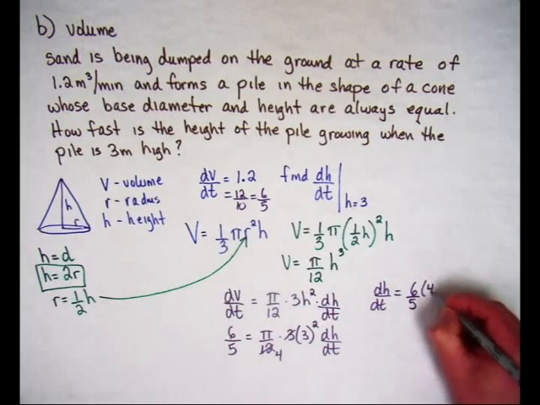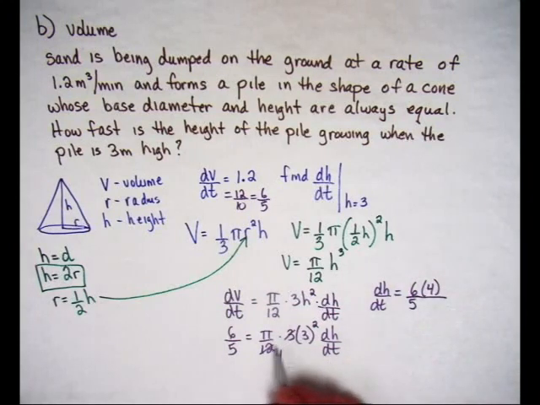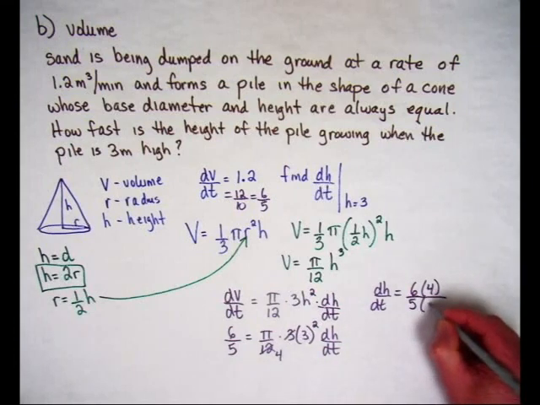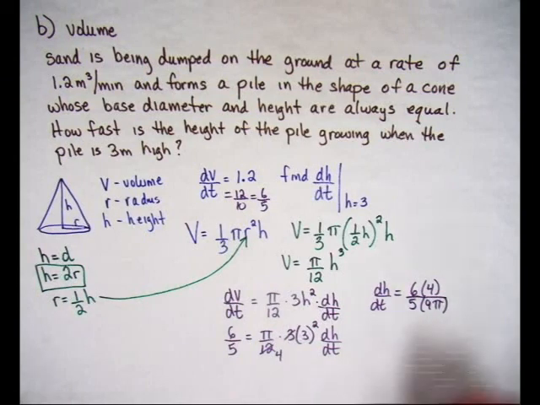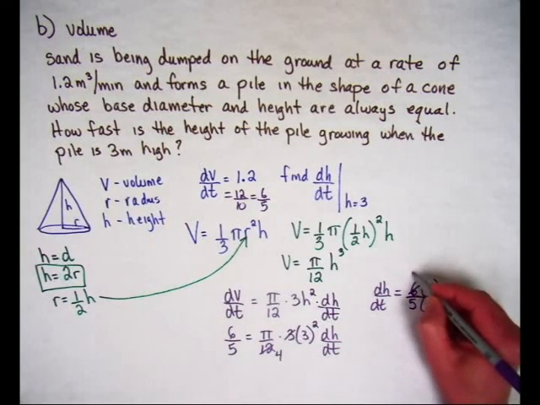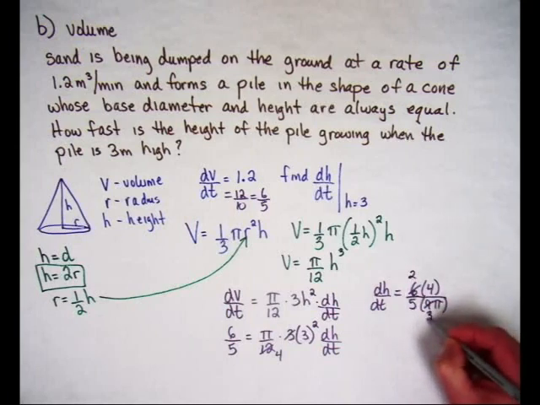We would have to multiply by 4 to get rid of that. And on the top we have pi times 9, or just 9 pi. And so that 9 pi would get divided. We can reduce the 6/9, we can divide by 3 and get 2/3.